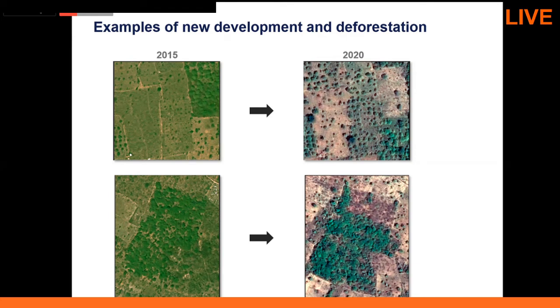So you can actually observe farmers shifting from older plantations to younger, more productive plantations. And a little bit in reverse in the bottom set of photos, where we see an older plantation has been reduced, but it has not been replaced with new planting.